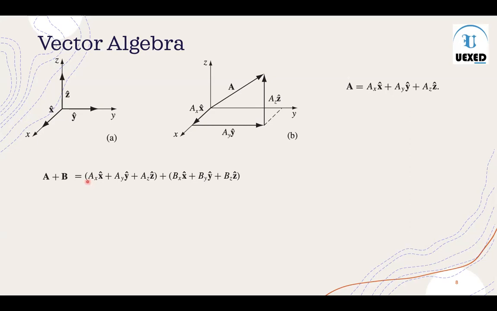So you have vector A, and you have added vector B. So what we can do is add the magnitudes of these two vectors, and you can write something like this. So this could be some vector C, let's suppose. So Cx will be Ax plus Bx in the x direction, Cy will be Ay plus By in the y direction, and Az plus Bz will be Cz in the z direction.